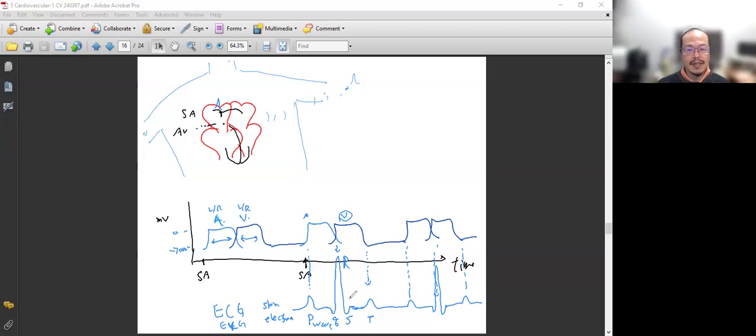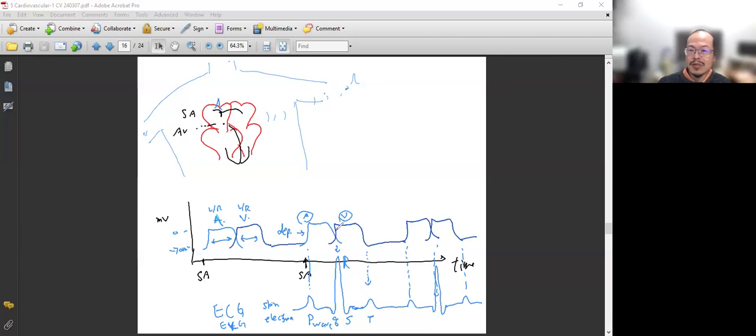And the answer to that is that the P wave is an atrial depolarization. P wave is associated with the atrial depolarization. QRS is associated with ventricular depolarization. You may say that, oh, it has atrial repolarization and the ventricular depolarization. However, the ventricle is 5 times larger than the atrium.